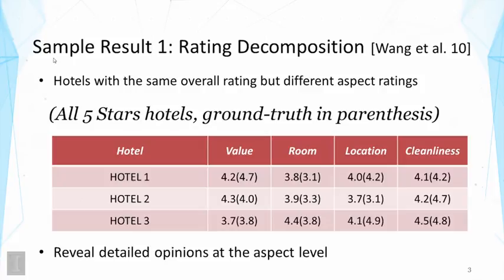And so this can reveal detailed opinions at the aspect level. Now here the ground truth is shown in the parentheses. So this also allows you to see whether the prediction is accurate. It's not always accurate, but it's mostly still reflecting some of the trends.